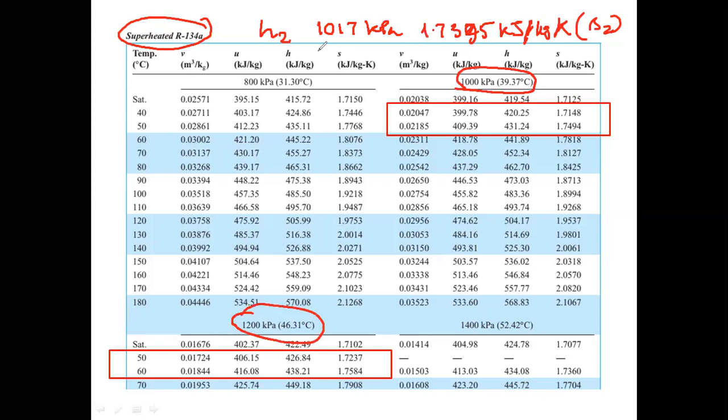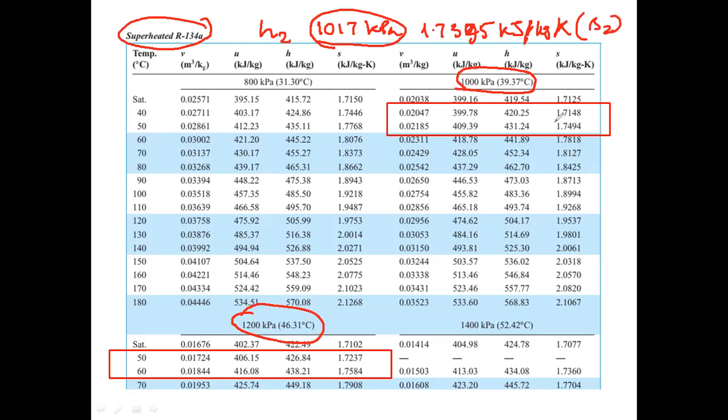No data is given corresponding to 1017 kilopascal. So we have to assume that the values of enthalpy and all other properties vary linearly between 1000 kilopascal and 1200 kilopascal.